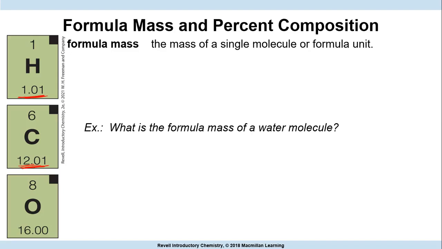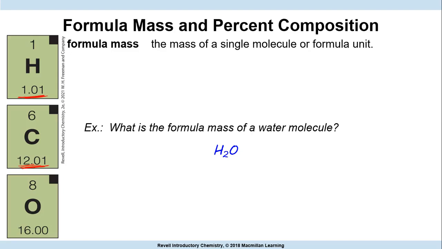Now, for a water molecule, for us to be able to calculate the formula mass, we must first of all write the formula of water. So the formula of water is H2O. Now, in water, we have 2 hydrogen atoms and 1 oxygen atom. For us to calculate the formula mass, we are going to take the number of each atom and multiply by the mass.